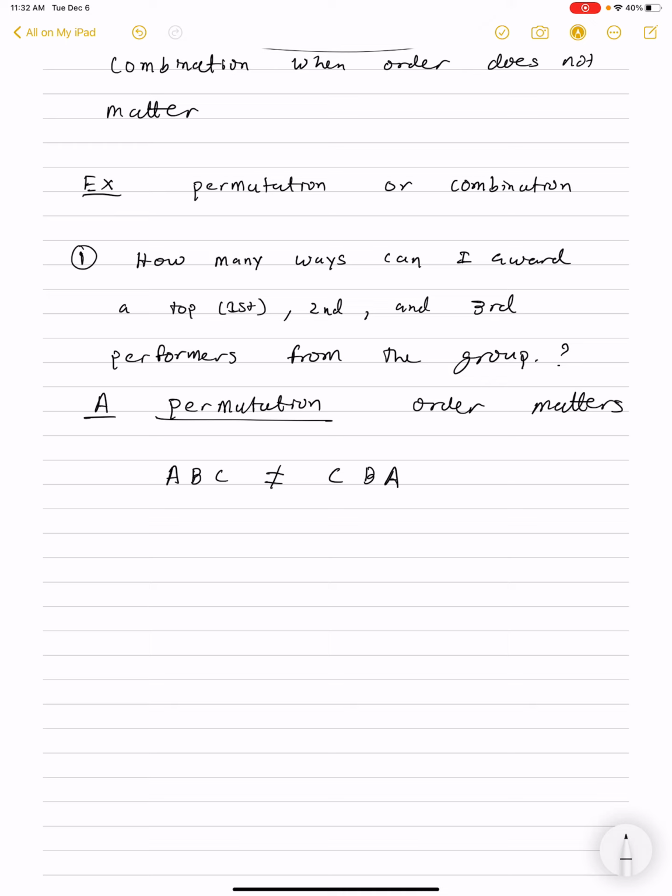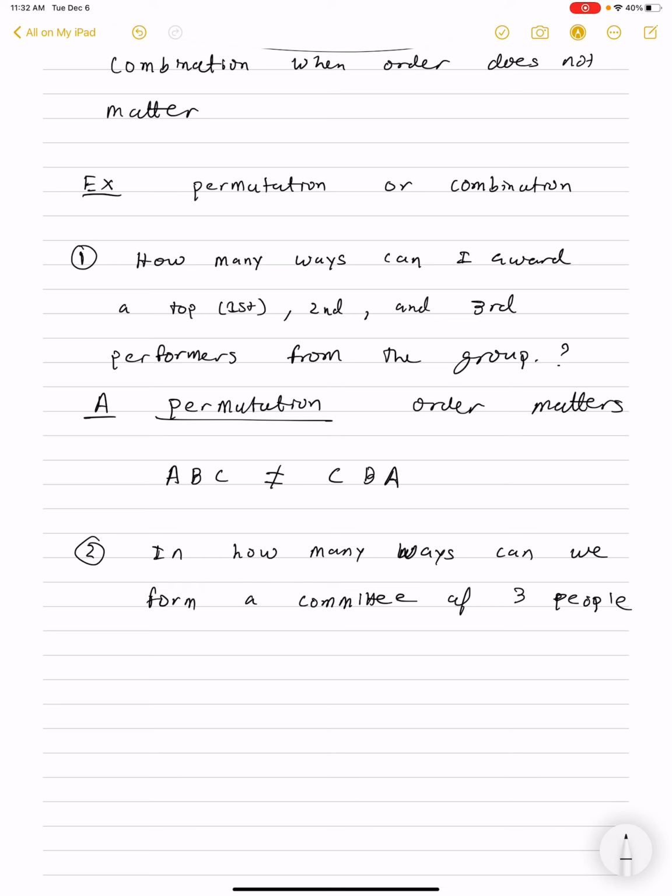Okay. Here's my second example. In how many ways can we form a committee of 3 people?